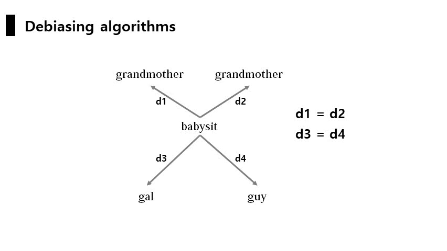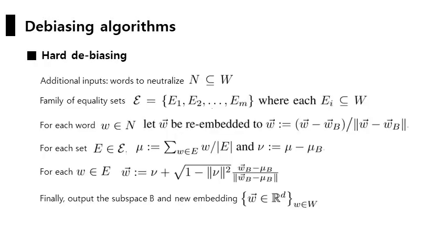For instance, if grandmother, grandfather, and guy, gal were two equality sets, then after equalization, babysit would be equidistant to grandmother and grandfather, and also equidistant to gal and guy. The hard debiasing algorithm is as follows, and as a result, we can get the subspace and new embedding.